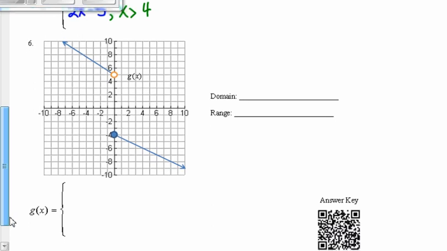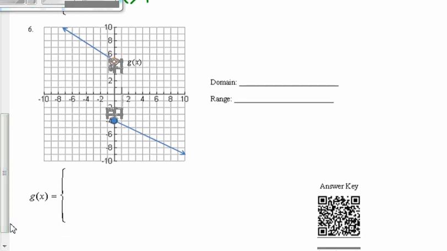Now for your second one, number 6, we're going to go through that same process. So slope, and I just started down here again. There's no rhyme or reason as to why I did. The slope, this is going downhill, and it looks like it's going down 1 over 2, so -1/2. The y-intercept I can actually see is at -4. So that's going to be -1/2 x minus 4.